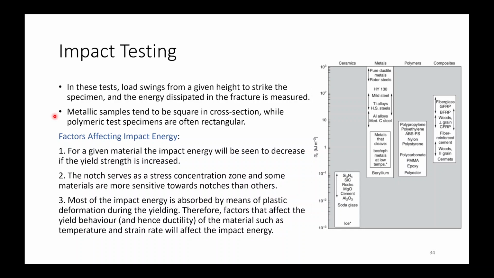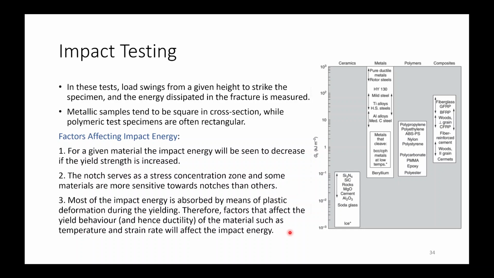For a given material, the impact energy will be seen to decrease if the yield strength is increased, and the notch serves as a stress concentration zone, and some materials are more sensitive towards notches than others. Most of the impact energy is absorbed by plastic deformation during yielding.